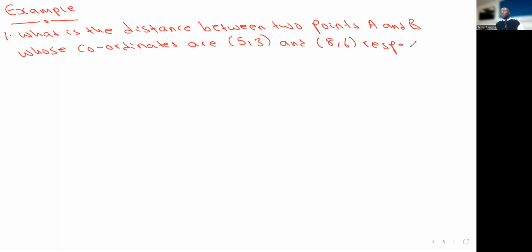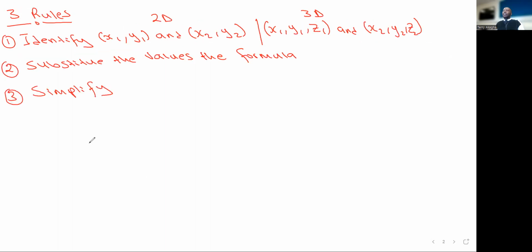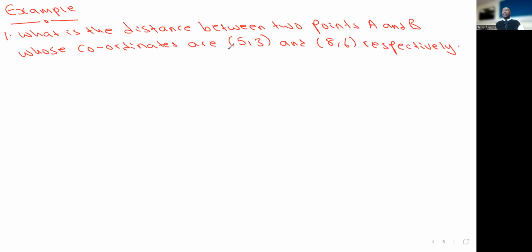All right, so let's assume we have this question now, and we are told to find the distance between A and B. The first thing to do, like I always tell you, is look at the steps. You have to first identify which is your x1 and y1, x2 and y2. From this, you can see that this is a 2D, all right?